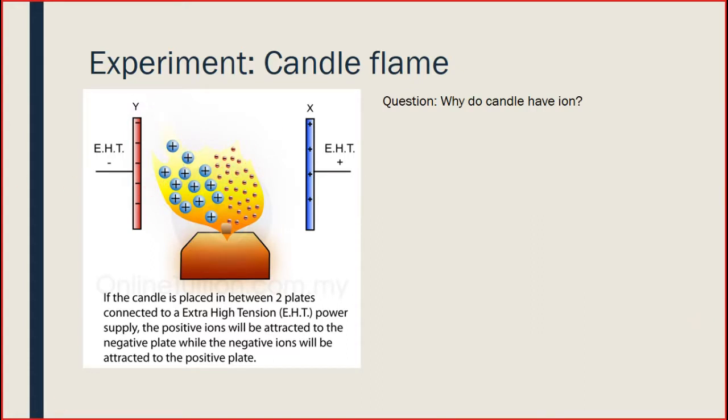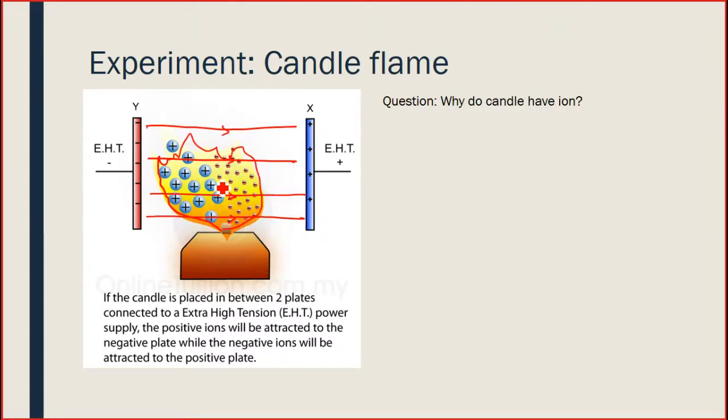Let me get a pen. They are going to create some sort of electric field among themselves, so negative will go to positive. Now my question to you is, in this situation, you are going to have this flame moving towards one plate.